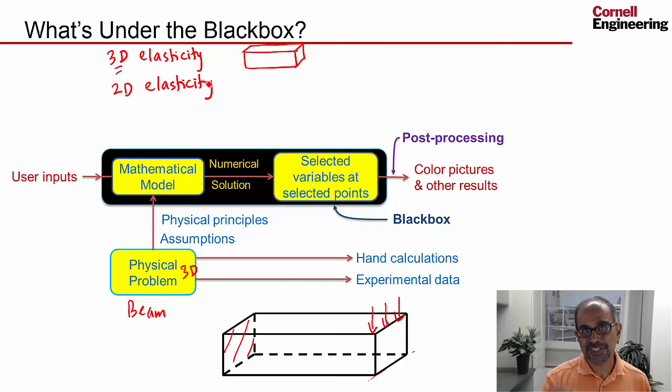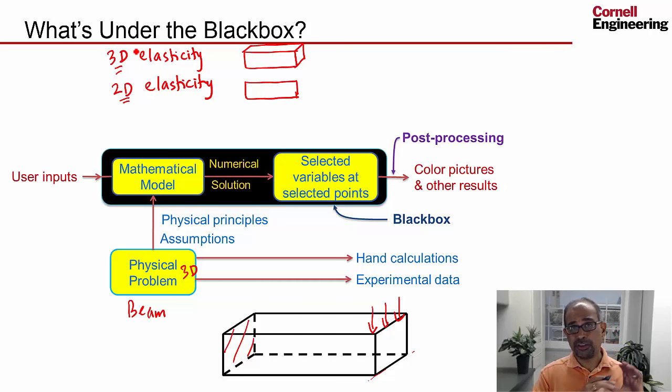And in this case, you need to solve the differential equations in a domain defined by a rectangle that could correspond to the front face of the beam. So your physical problem is 3D, but now your mathematical model is 2D. And it'll solve faster than the 3D elasticity, but it's got more assumptions in there.